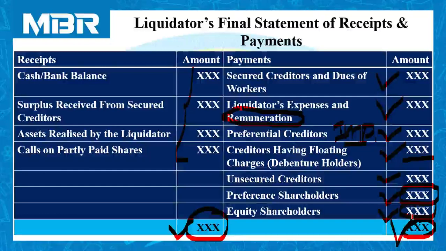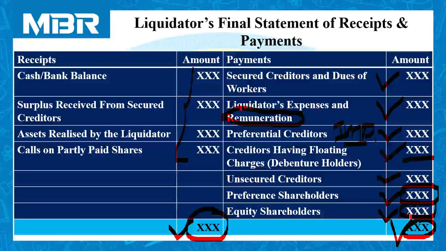On receipt side, we may have 3 or 4 items as per the information given to us in the question. But on a payment side, we have to accommodate all 7 items one by one. So it is necessary for all of you to remember the sequence of the payment.